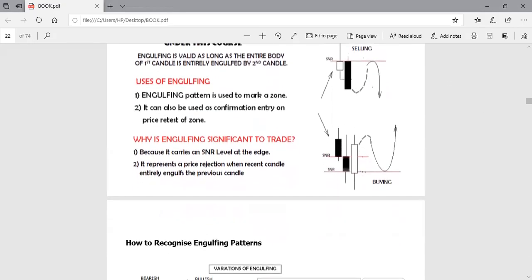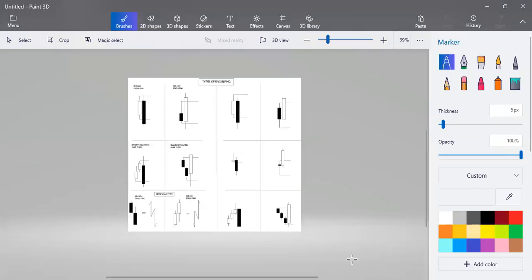So let's go back straight to the... so we see different trade example here.